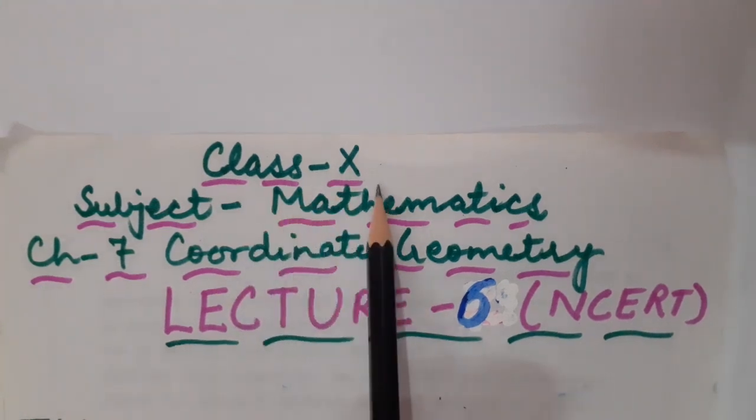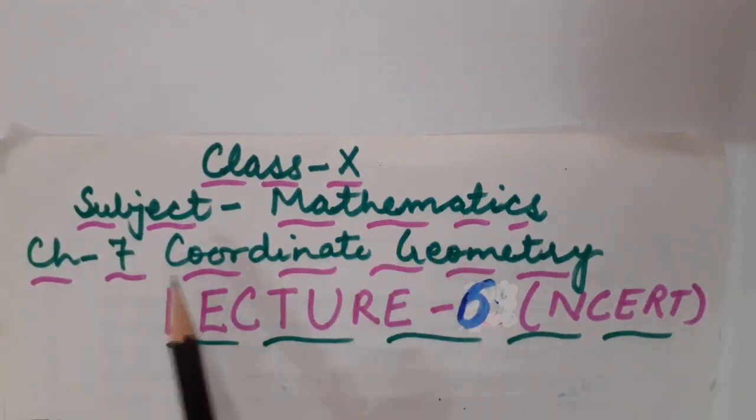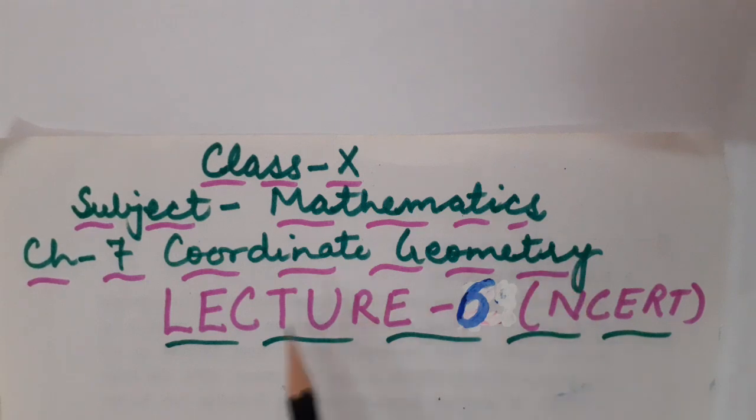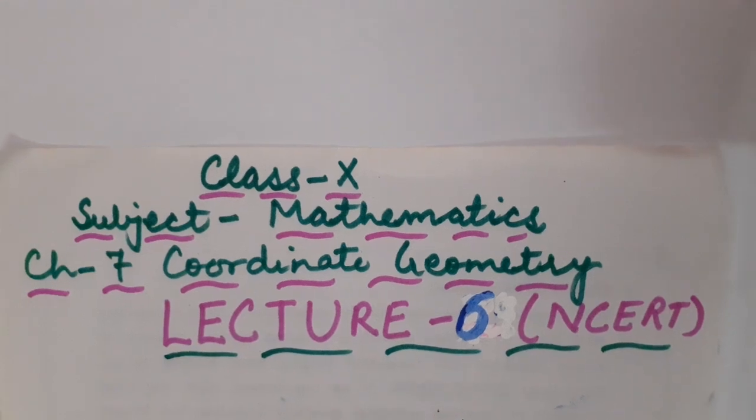This is class 10th, subject mathematics, chapter number 7, coordinate geometry, lecture number 6, and the content I am going to cover from NCERT. Children, this is the last lecture of this chapter. Today this chapter will be finished, and after that I will be taking the summary lecture of this chapter.